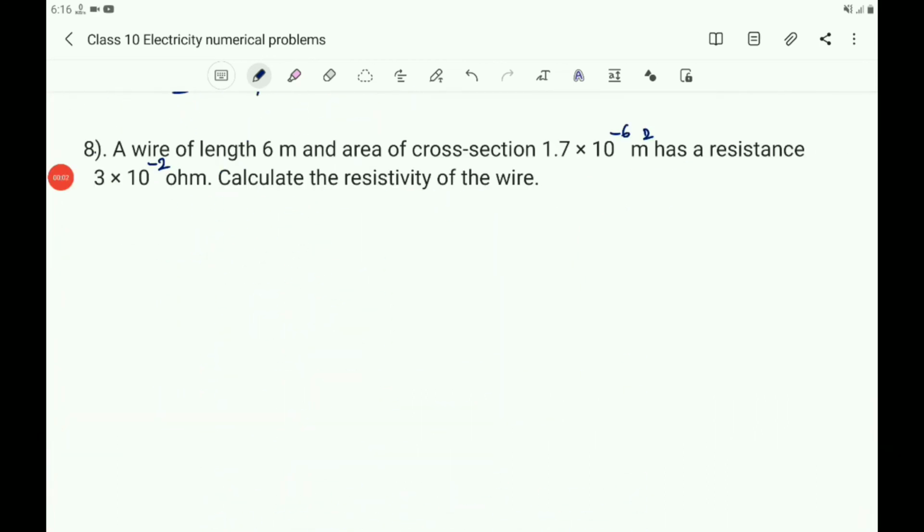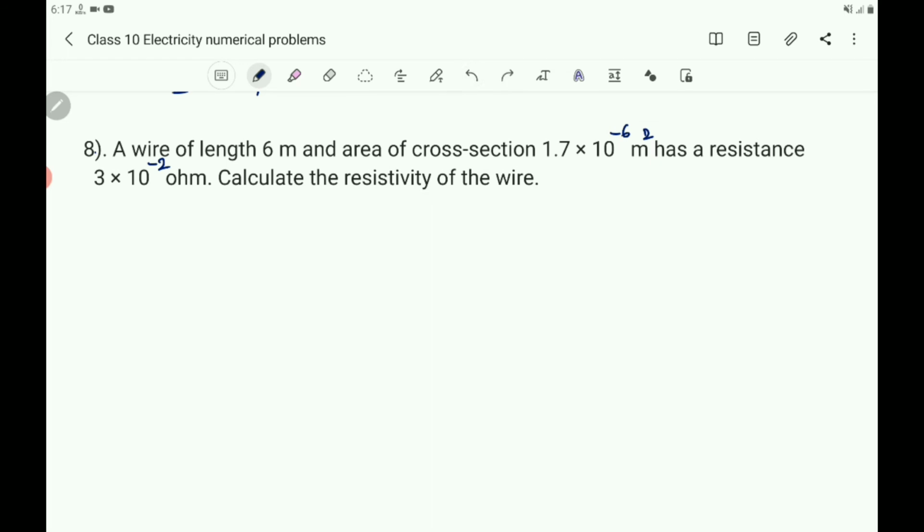Now the question number 8. A wire of length 6 meter and area of cross section 1.7 into 10 power minus 6 m square has a resistance 3 into 10 power minus 2 ohm. Calculate the resistivity of the wire.